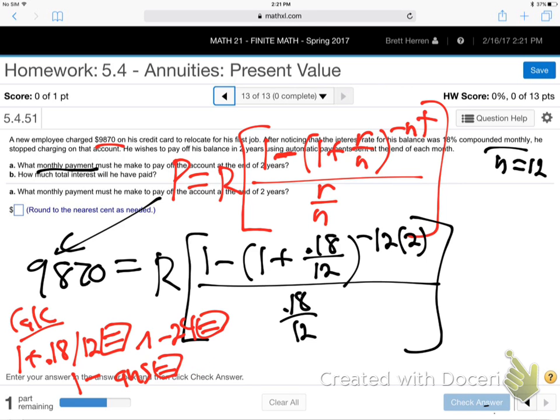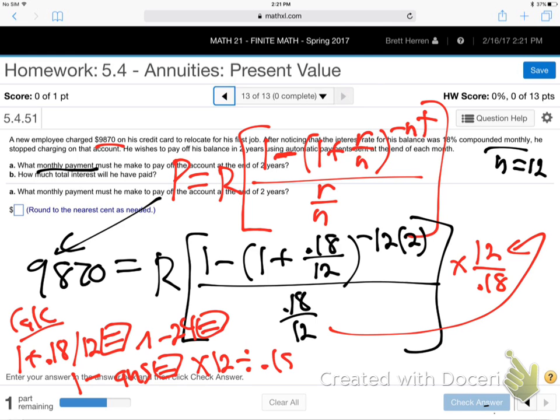Flip this up. Get this guy and go times 12 over 0.18: times 12 divided by 0.18, equals. And then take 98.70 divided by answer, equals.